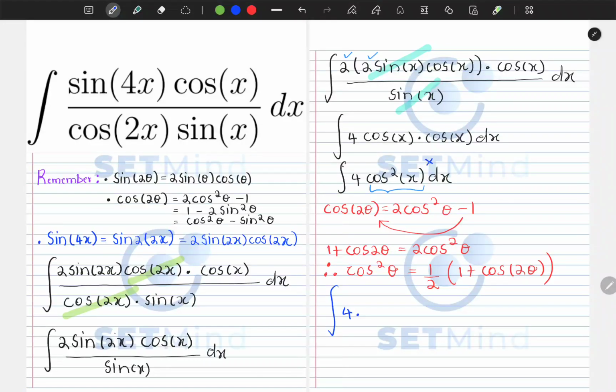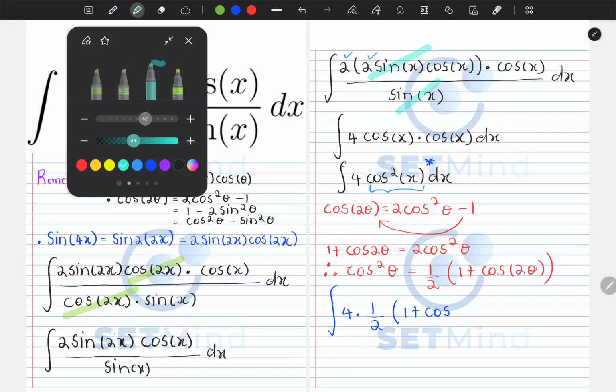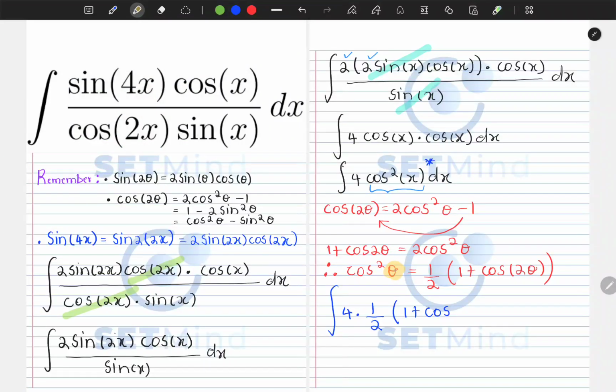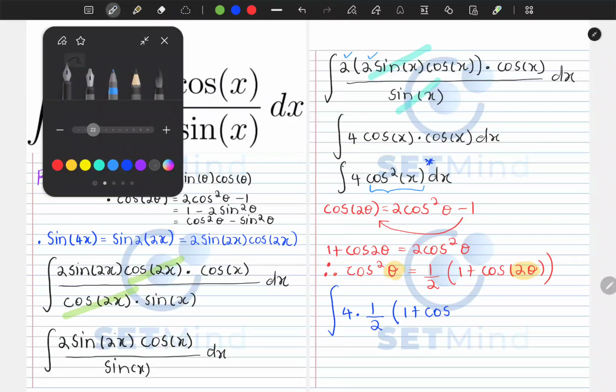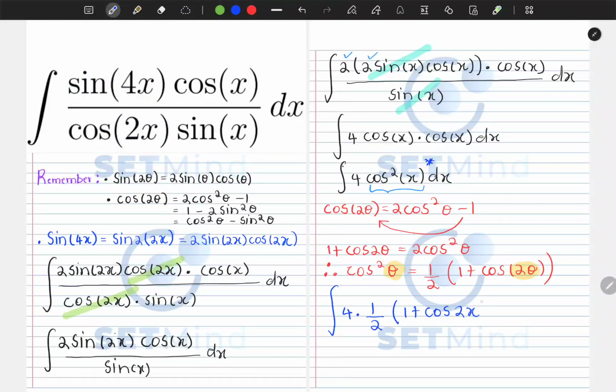where I had my cos squared x, I'm going to put 1 over 2 into 1 plus cos of, look at what happens, the angle that sits here becomes double the angle that sits there. So that means I'll have cos of 2x dx.